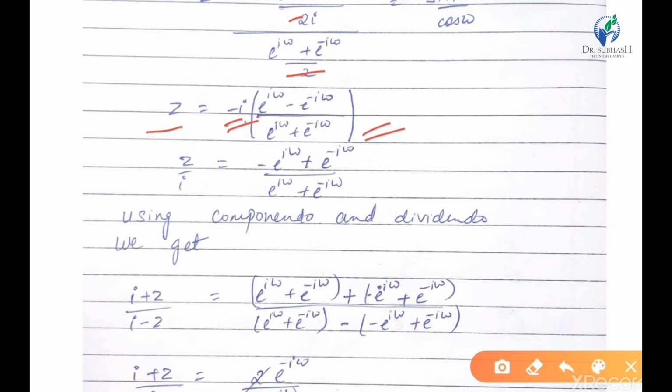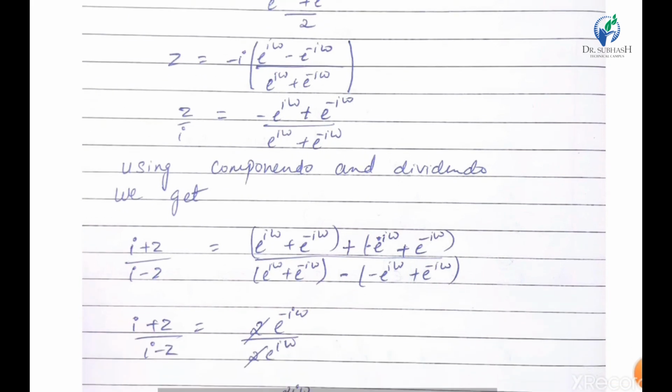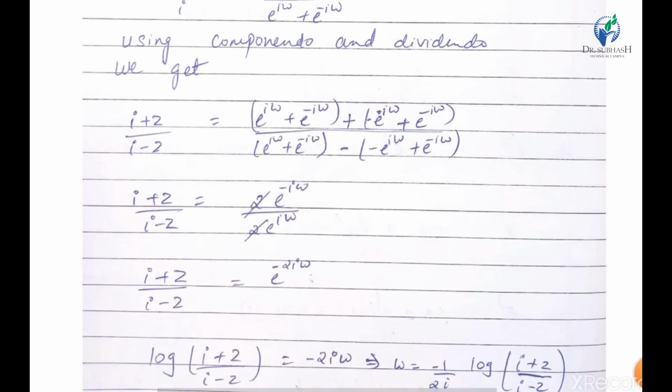Now we will take this minus i to the denominator. We get z upon i equal to, this minus sign will multiply here, so we get minus e raised to iw plus e raised to minus iw upon e raised to iw plus e raised to minus iw. Now here we use the rule of componendo and dividendo.